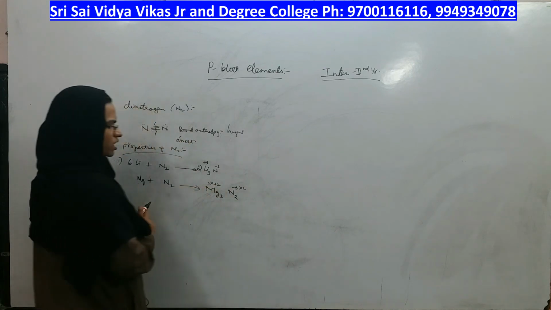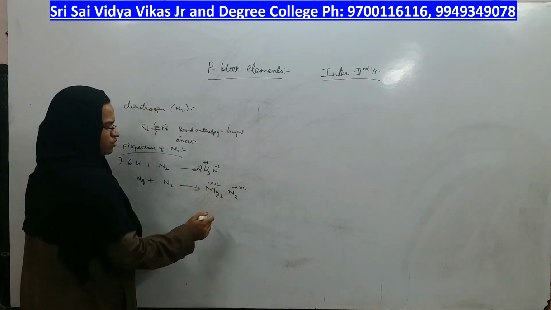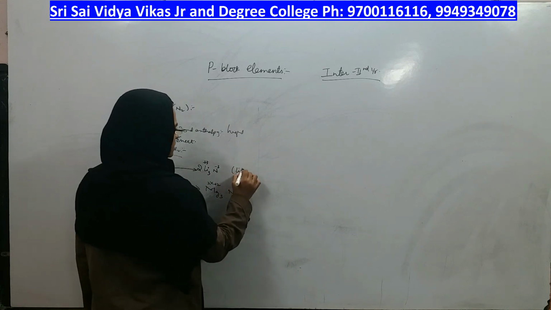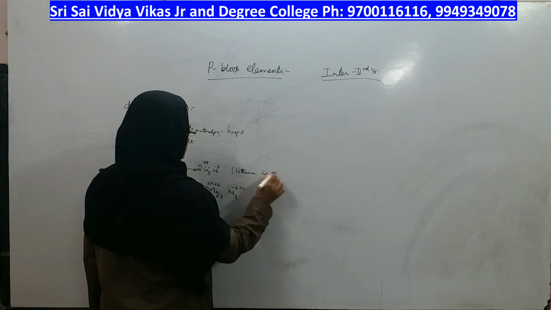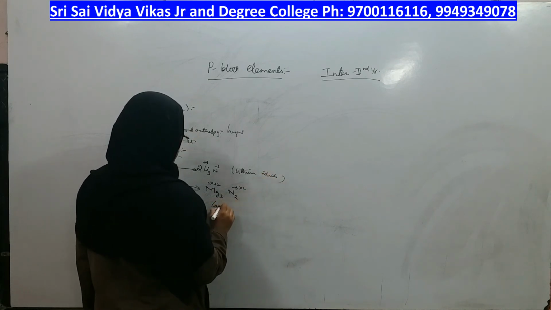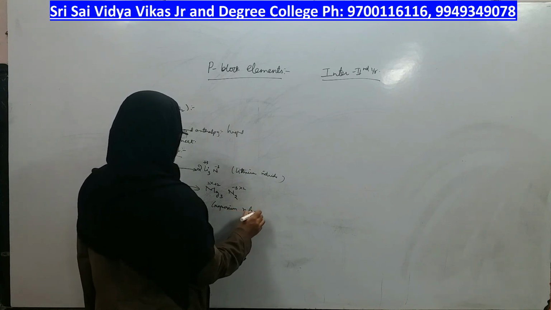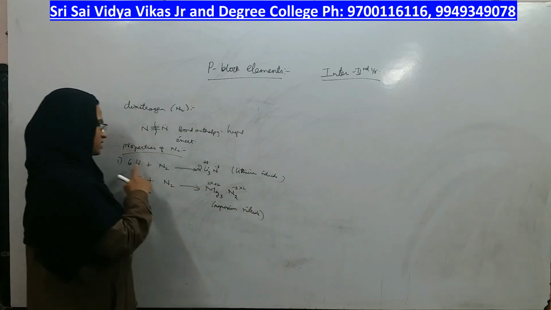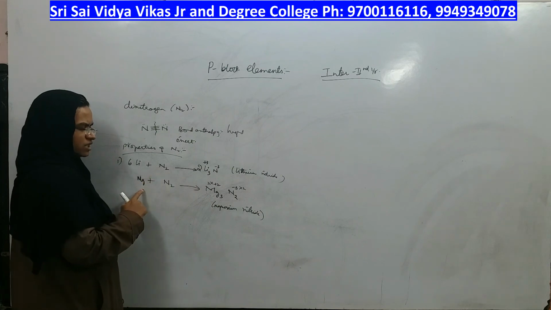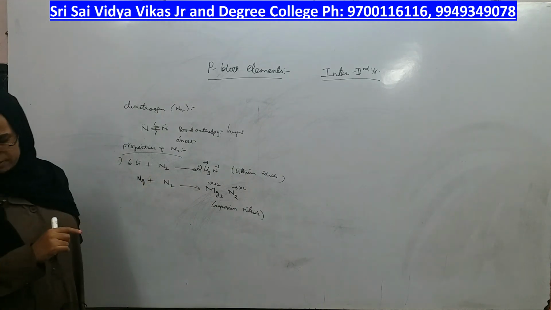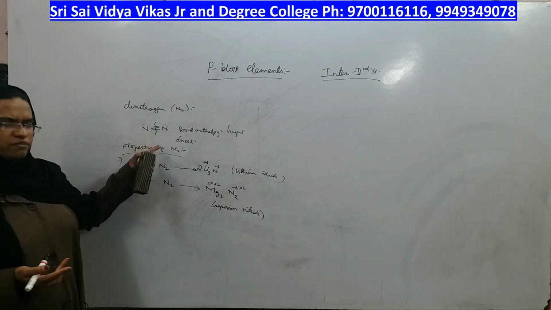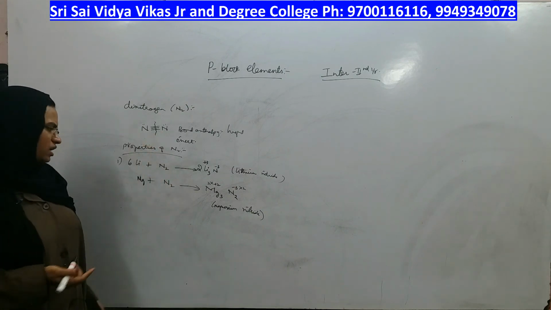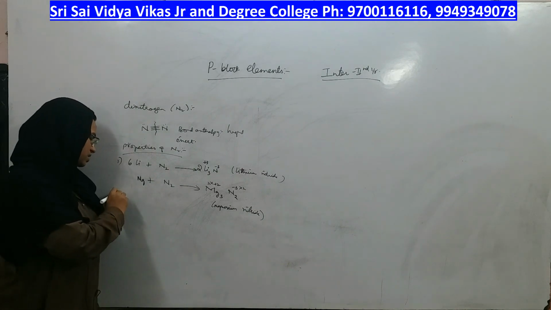This is the formula Mg3N2, and this is magnesium nitride, while the earlier one is lithium nitride. With lithium we have prepared nitride, with magnesium we have prepared nitride. Any other element also can form nitride. The next type of metals are not there, right? So S block element only should be taken as an example.